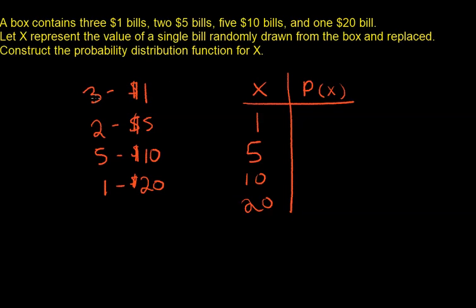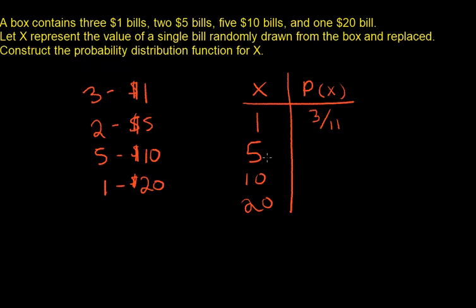Well, there's three of the bills that are 1. How many bills are there total in the box? I have to add this up. 3 plus 2 is 5, plus another 5, and then plus 1, that's 11. So 3 out of the 11 bills in the box are $1 bills.